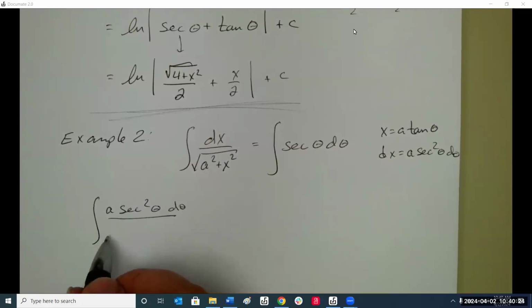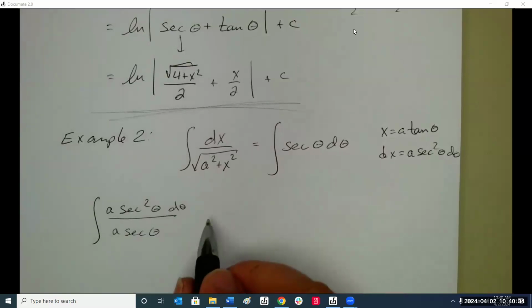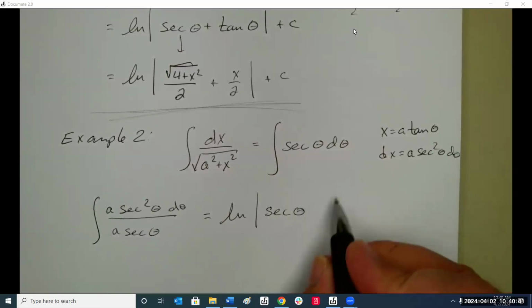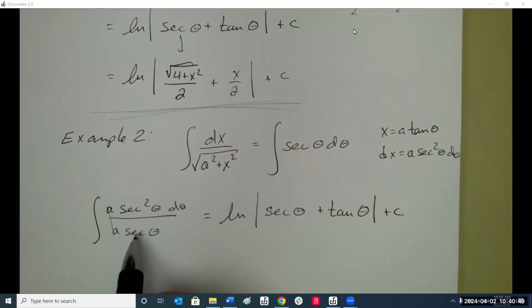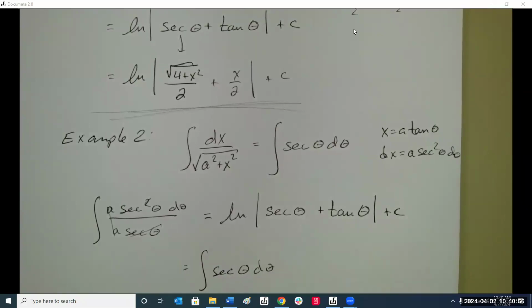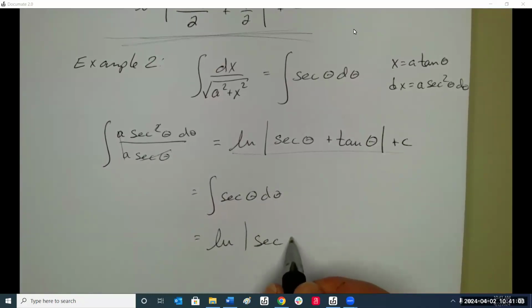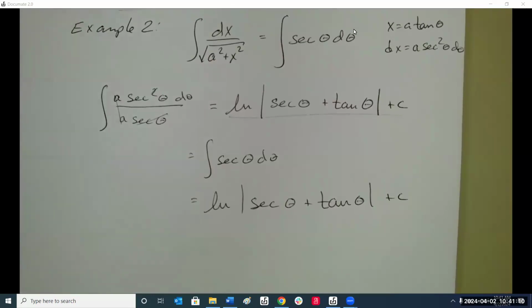And then we had the square root, which made it a secant theta, which then took us to the ln of secant theta plus tangent theta plus c, because the a's cancel and one of the secants cancels, so we had the integral of secant theta. And that's what we did last time.